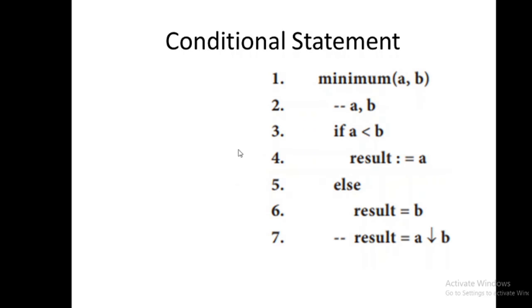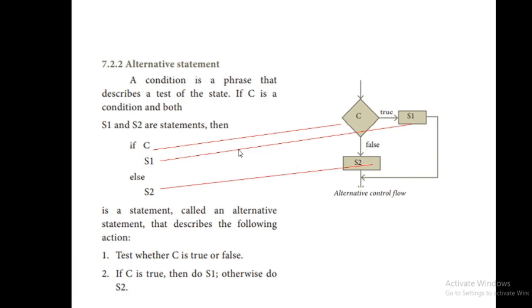Alternative statement is nothing but a condition being applied. According to the condition's satisfaction, the statement will be executed. In programming notation, if is the conditional statement. If the condition is satisfied, meaning true, S1 will be executed.